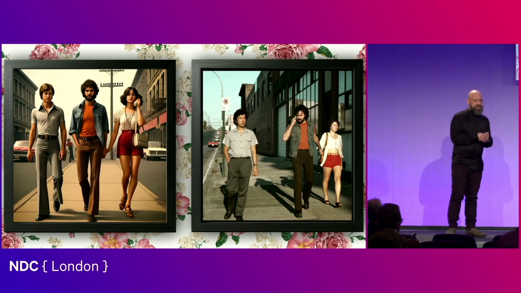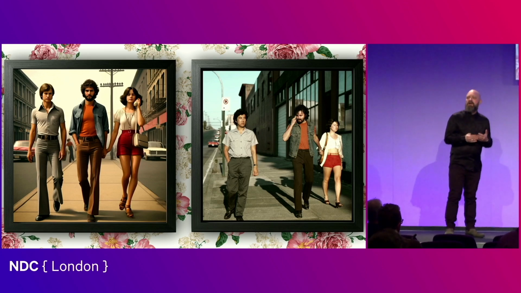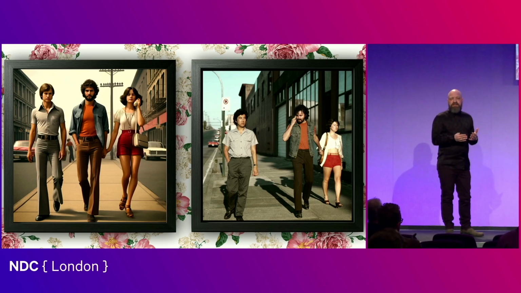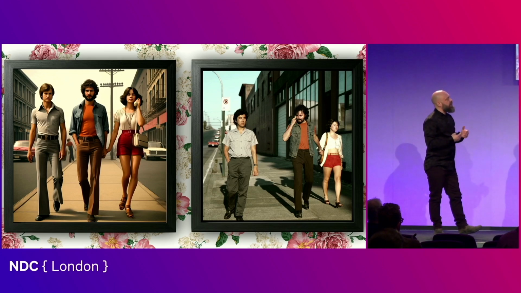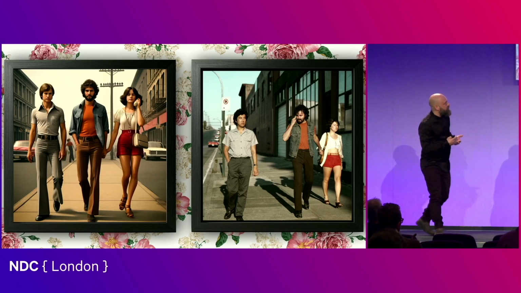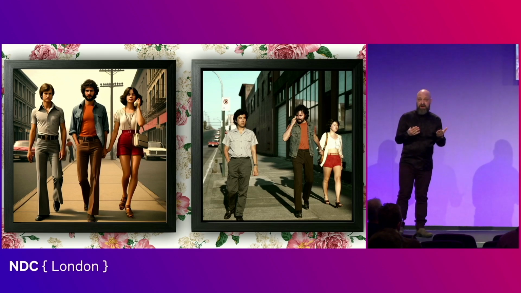So this is some sort of cityscape. Knowing Jeff Wall, we might think that this is in the United States of America, and we have a couple who are about to overtake a man of Asian descent on the street.